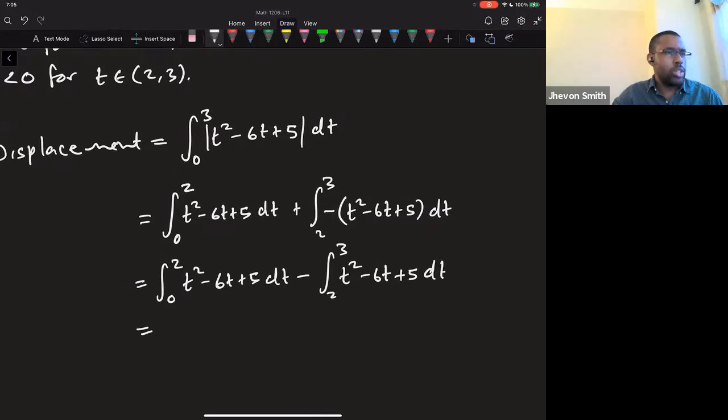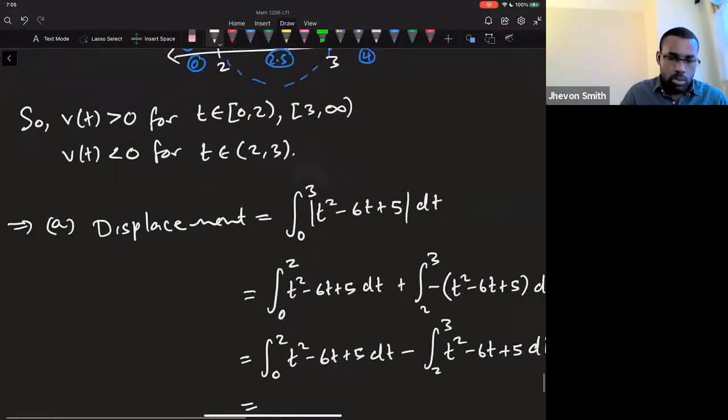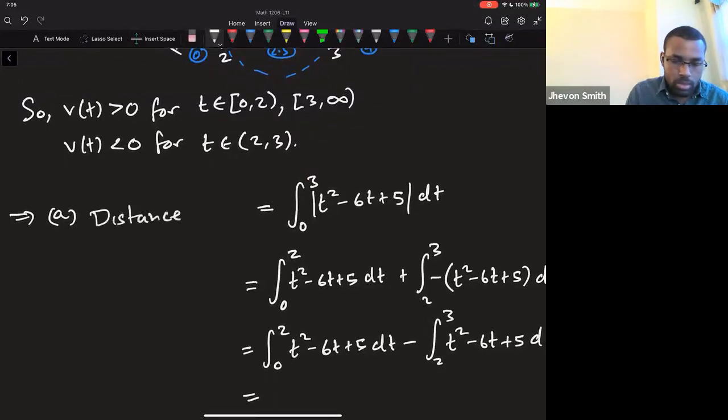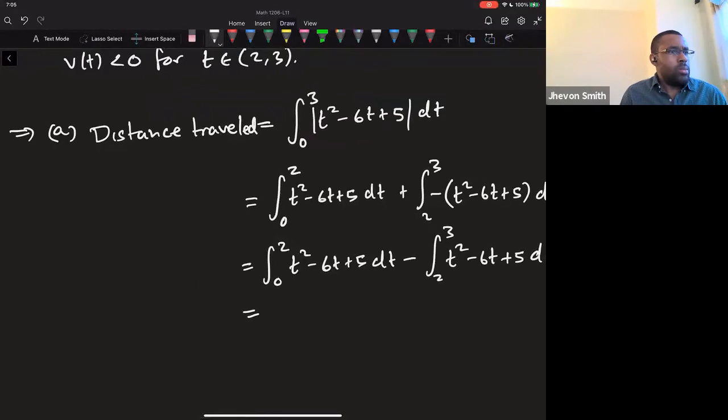That should not be too much trouble. I had done this earlier with absolute values, so I think I got 23 over 3 units, which you can check.